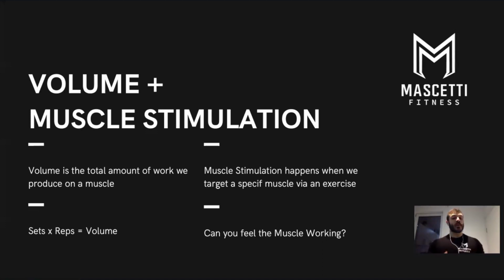Volume is the total amount of work we produce on a muscle. And to keep it simple, it is basically sets times reps. This would be the total volume. So when you do a bench press, you do 3 sets of 10, basically you've done 30 reps of bench press, and this will stimulate certain muscle growth.